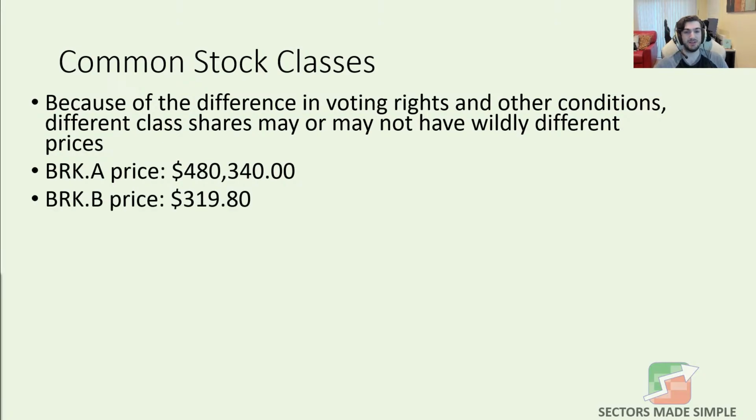Berkshire Hathaway B shares are trading at $319.80. Why? Why is one more expensive than most luxury sports cars and the other is an expensive dinner? Well, I'm not going to answer that just yet. I'll talk about that in a couple minutes.